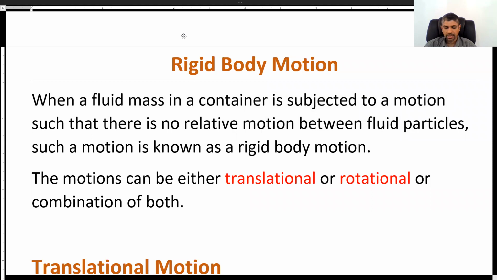When a fluid mass in a container is subjected to a motion such that there is no relative motion between fluid particles, such motion is known as rigid body motion.